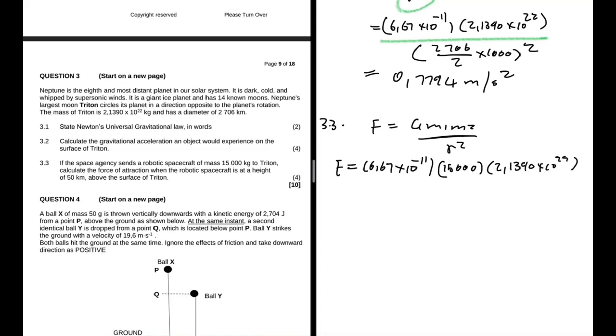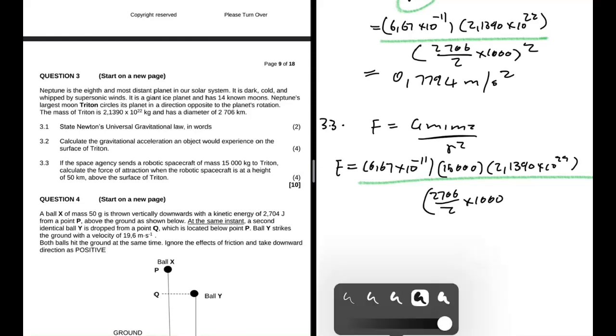The way you order the masses doesn't really matter, right? Because they're pulling each other with the same force. And then we divide by r squared. So what is r? We know that the radius of Triton is 2,706 divided by 2 multiplied by 1000. But the robotic spacecraft is said to be at a height of 50 kilometers above the surface of Triton, right?